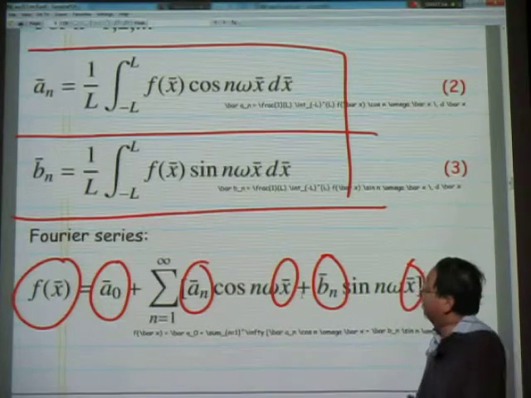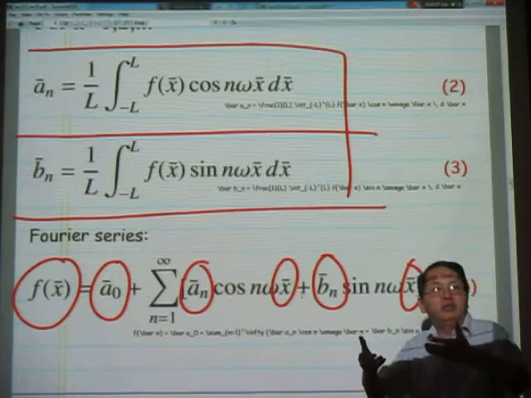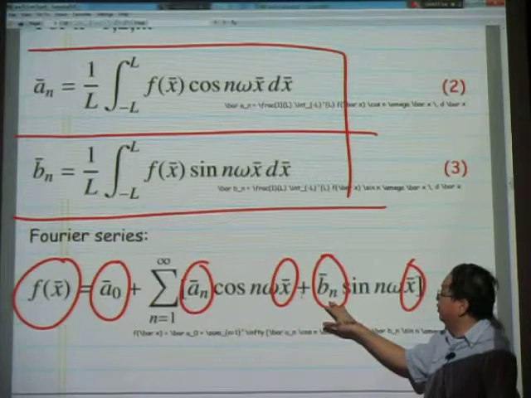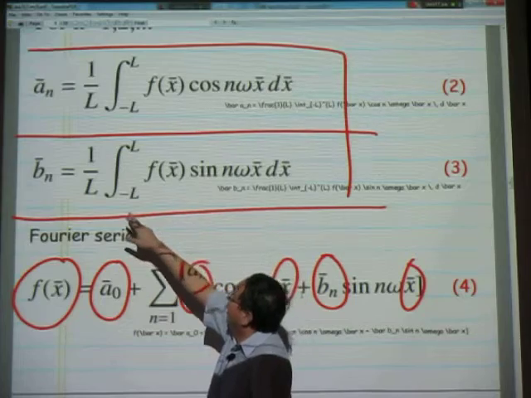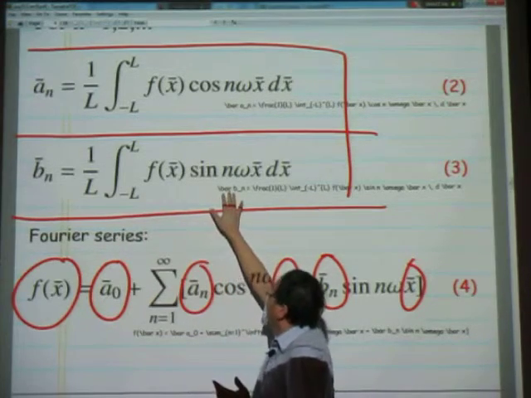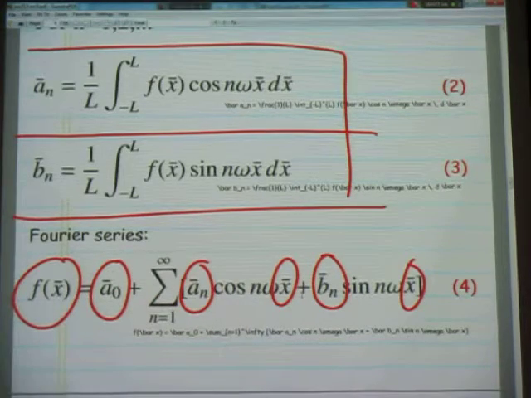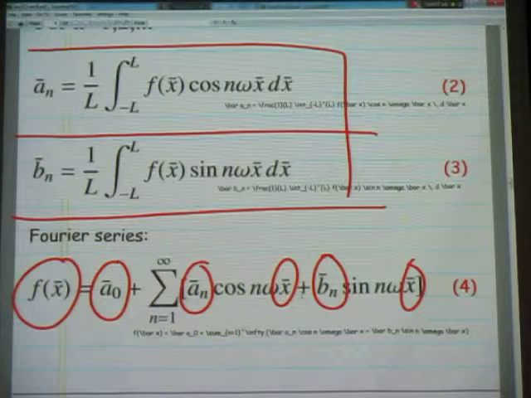Right? That's the formula, very simple. If you just apply the formula. And the formula for the coefficient b bar n is similar, and the difference is simply integrating using sine instead of cosine. That's all.